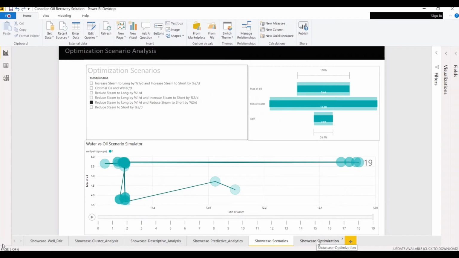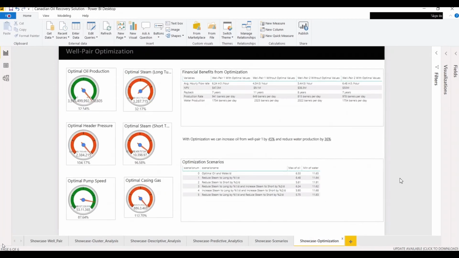The next screen shows us the results of these optimization scenarios and connecting them to the financial benefits of using our solution. So in this particular screen, you're seeing the optimal oil production as a function of the input parameters that actually lead to oil production.